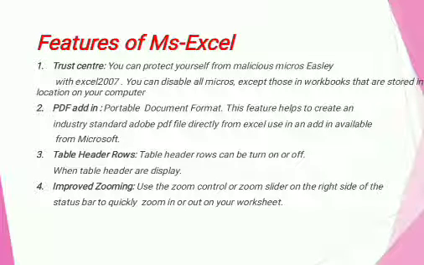Where is this Trust Center located, and how do we set the settings in the Trust Center? You have to click on the MS Office button located in the top corner of the title bar. Then you go to the last option, that is Options. When you click on Options, a dialog pops up and you click on Trust Center.